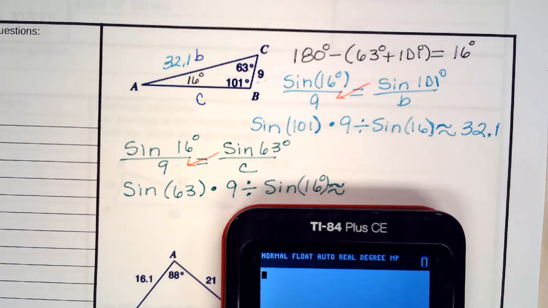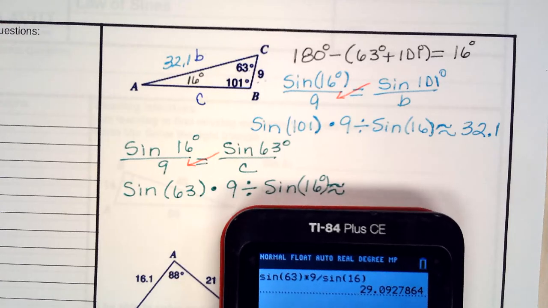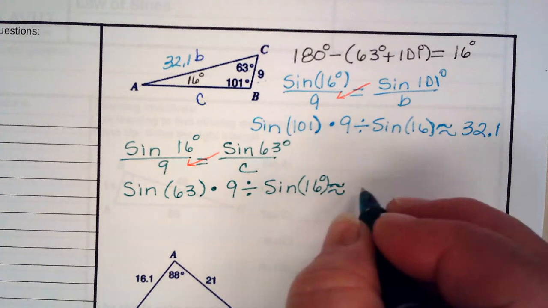Okay, the sine of 63, close it off, times 9, divide by the sine of 16 and close it off. And I get 29.09. That's about 29.1.